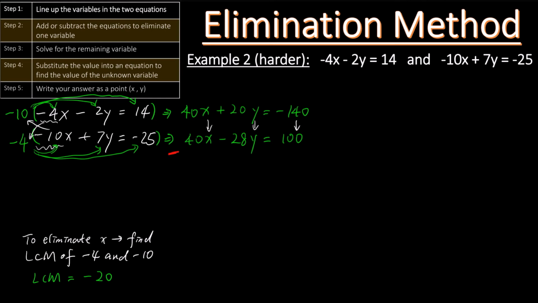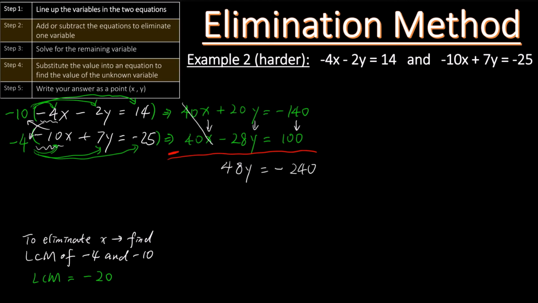We need to use the subtraction. 40x minus 40x equals 0. 20y minus negative 28y equals 48y because it is equivalent to 20y plus 28y. And negative 140 minus 100 equals negative 240.